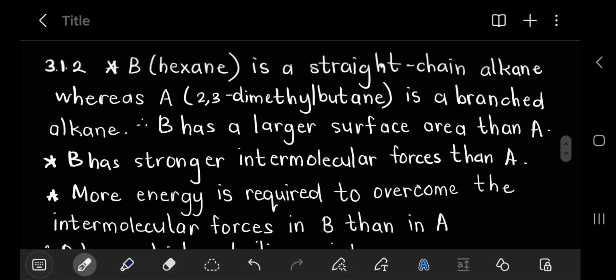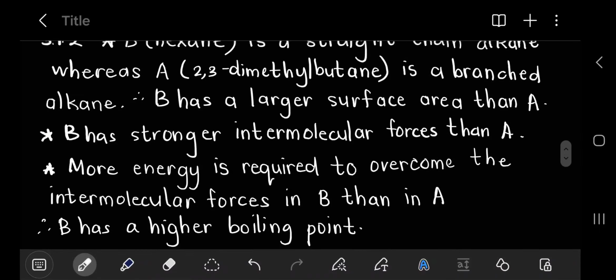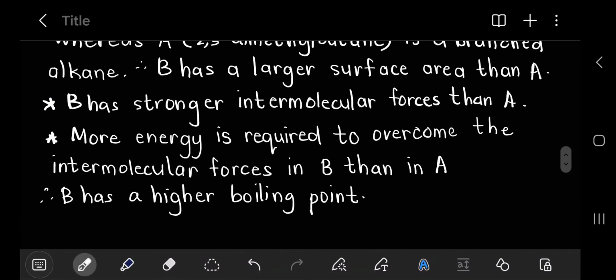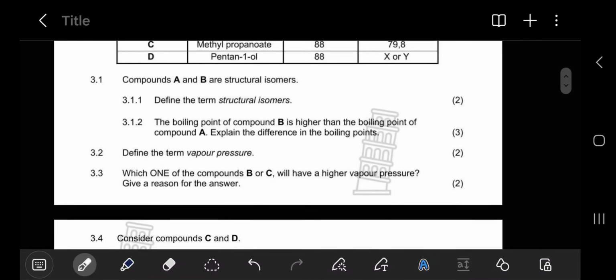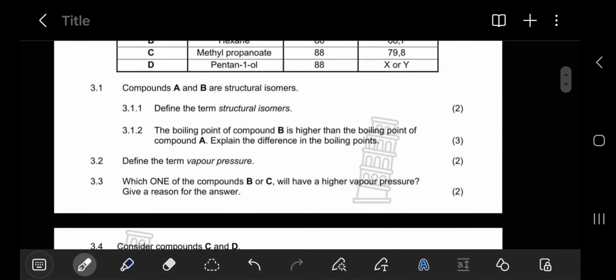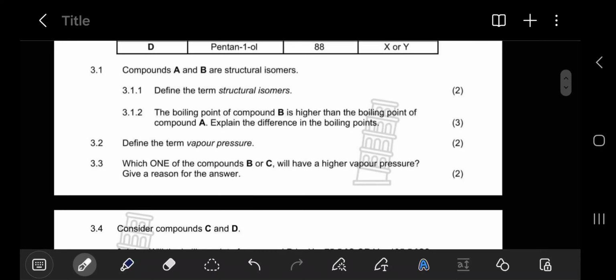So we mentioned the structure of B and A. Then we mentioned that because B is a straight chain, it has a larger surface area, so stronger intermolecular forces, more energy will be required to overcome those intermolecular forces. And then we mentioned that it has the higher boiling point. So the more questions that you do of this kind, the more you realize that there's a general structure in which your reasons are written.